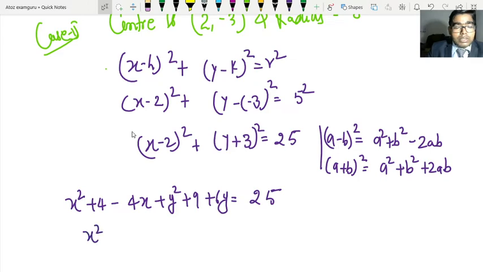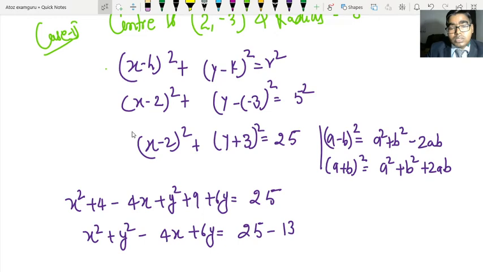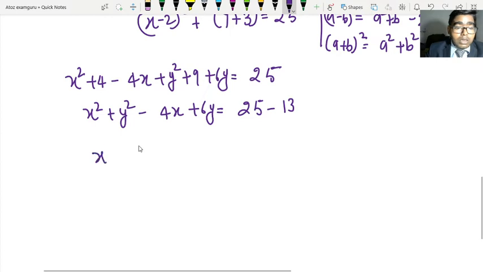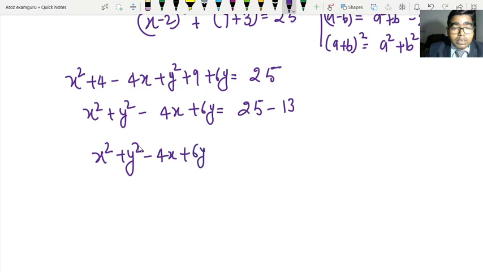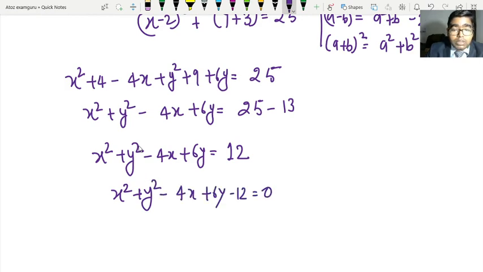Friends, so it will be x square plus y square minus 4x plus 6y equal to 25 minus 13. 4 plus 9 goes to 13, and you will get x square plus y square minus 4x plus 6y equal to 12. Right, friends? So write it down as x square plus y square minus 4x plus 6y minus 12 equal to 0.